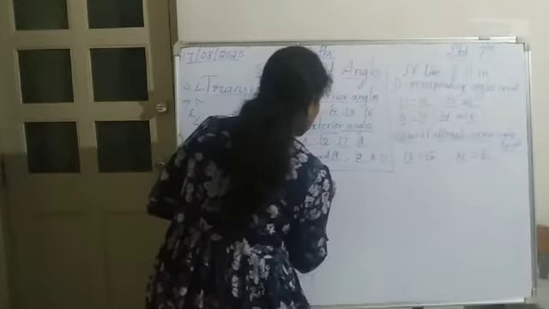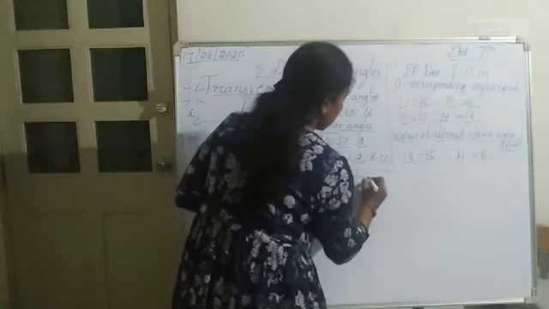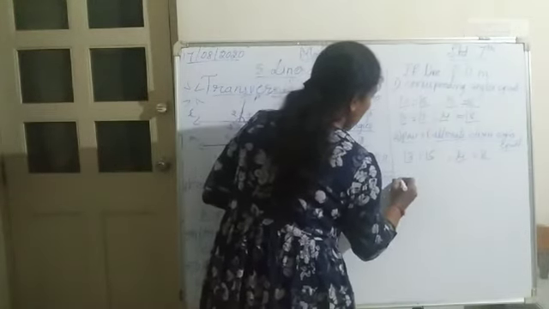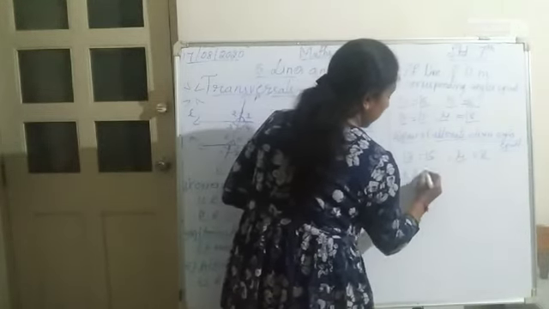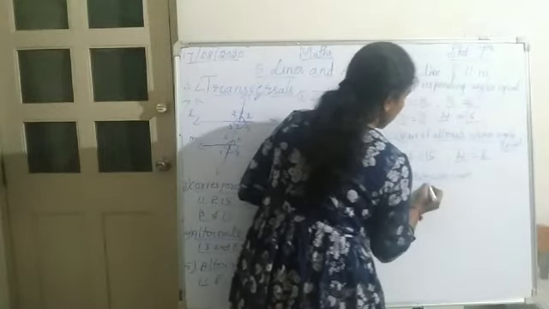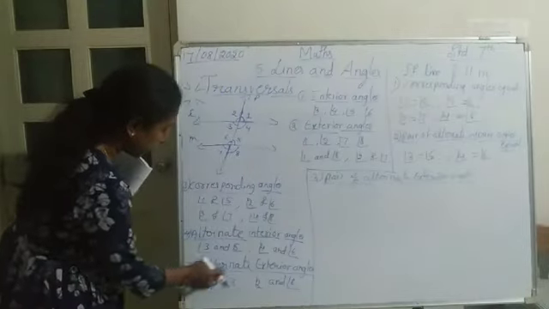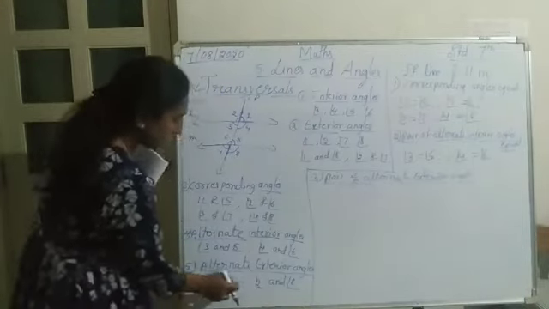Next one, the third one, is a pair of alternate exterior angles. So here these are also equal. Which are those? That is 1 and 7.